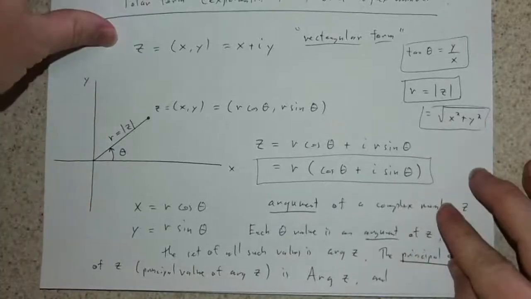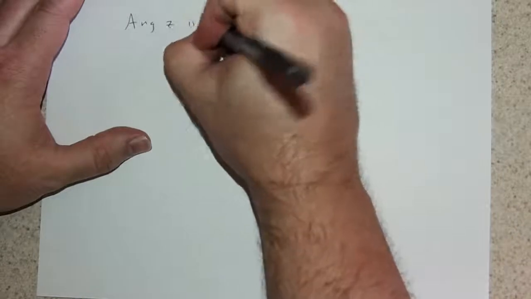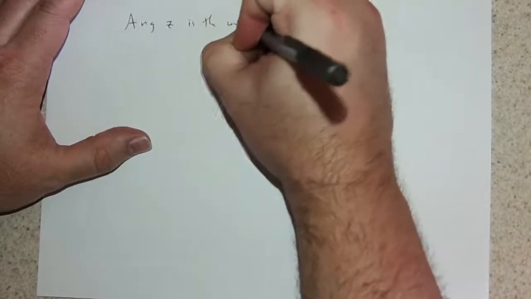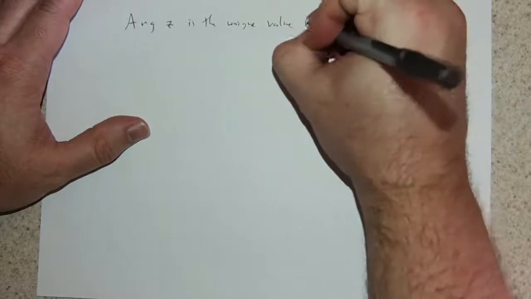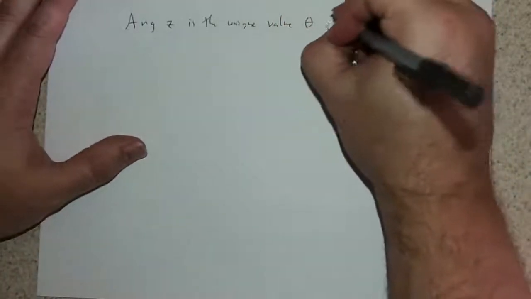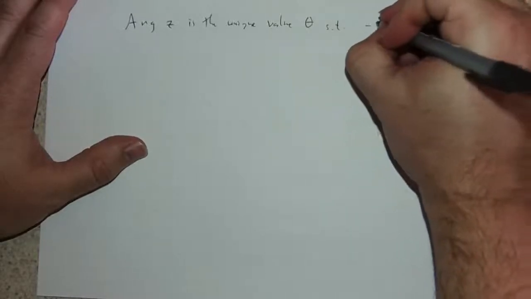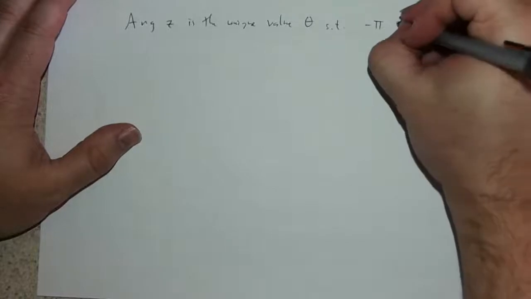And to describe what that is, capital A arg z is the unique value theta such that it is between minus pi and pi.